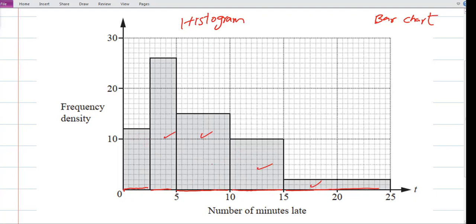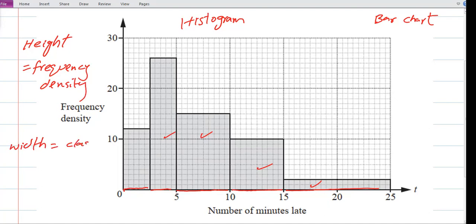When we draw a histogram, two things are there. Basically, the height of the bar. In a histogram, the height of the bar is equal to frequency density, while the width of the bar will be equal to class width.